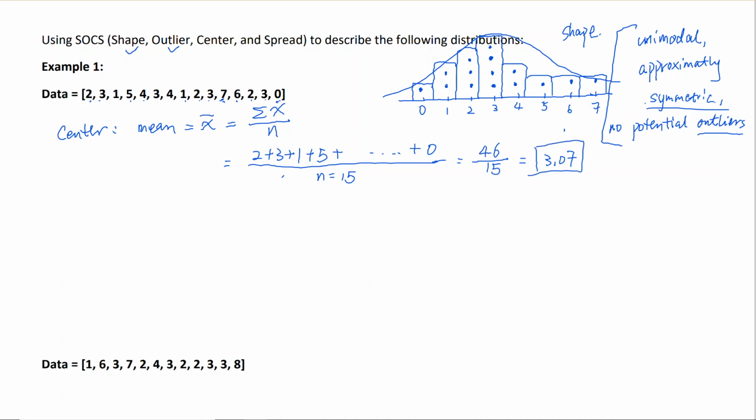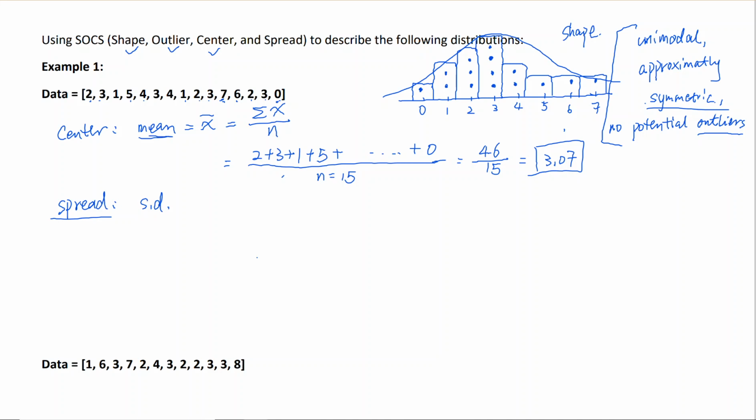All right, so next we need to describe the spread. To describe this spread, we need to pair. If you use the mean, then you need to use the standard deviation to describe the spread. Since it is symmetric, it doesn't matter whether you use the IQR or standard deviation, but since you use the mean for the center, then you need to use the standard deviation.